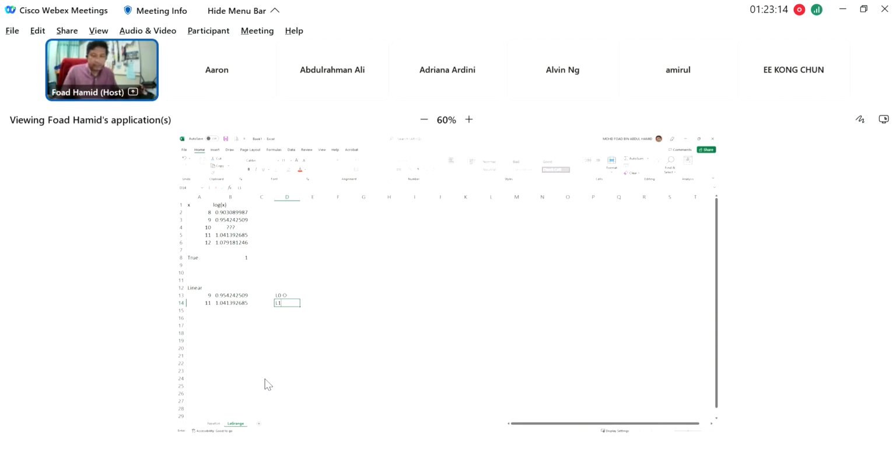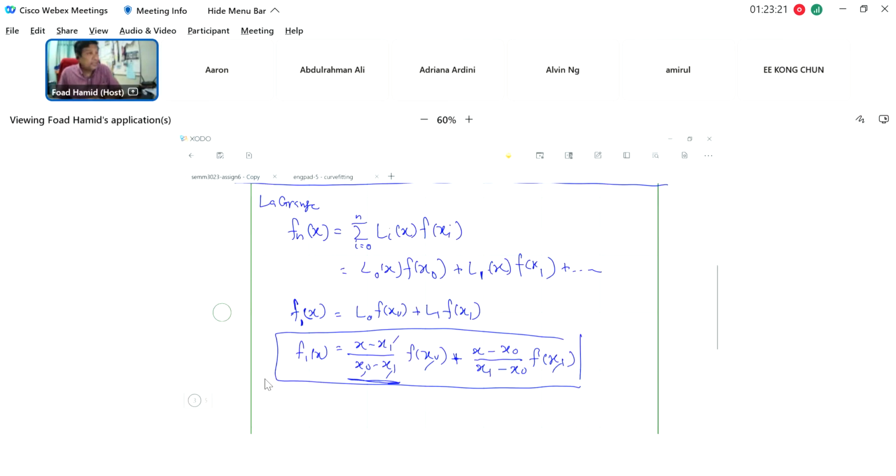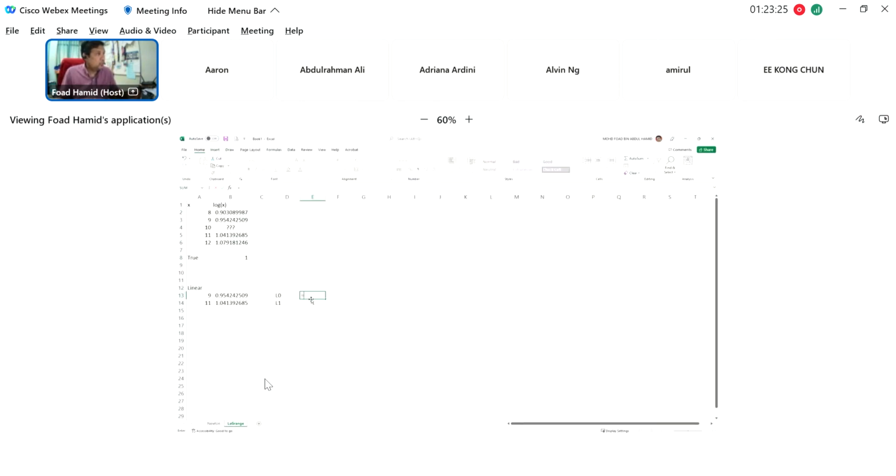L naught is just this one. L naught is this value here, x minus x1. So this is equal to this value, minus x1, which is x naught.